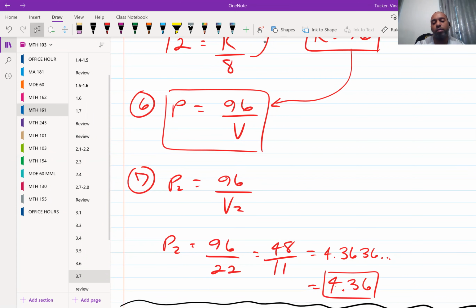And of course, MATLAB will let you know what way they want the answer, whether they want it in fractional form or decimal. Any questions? Any problems?